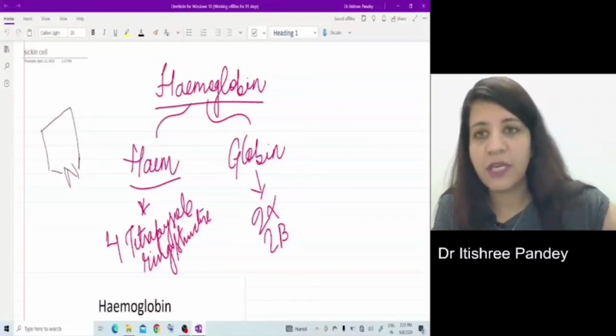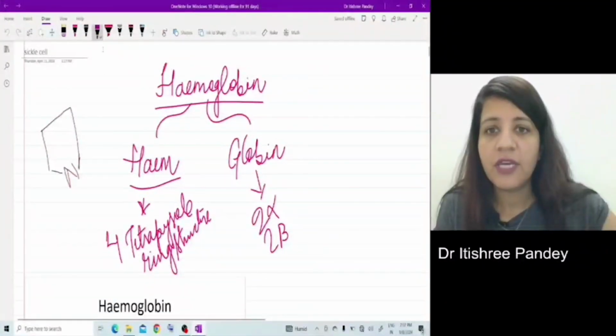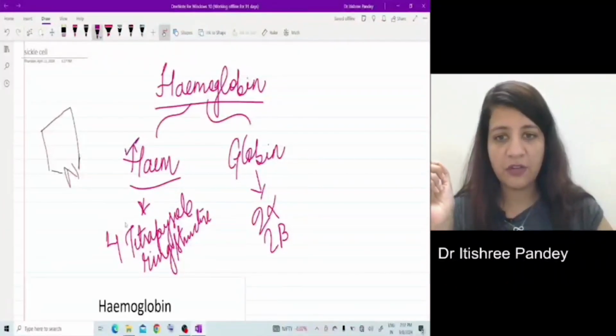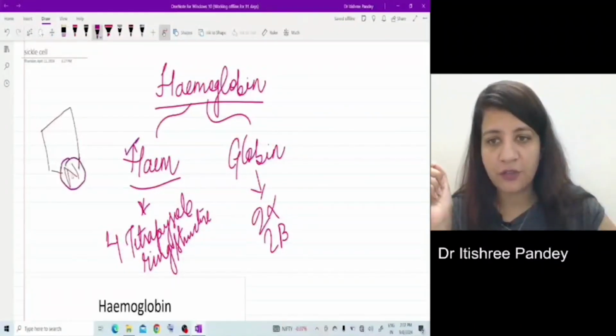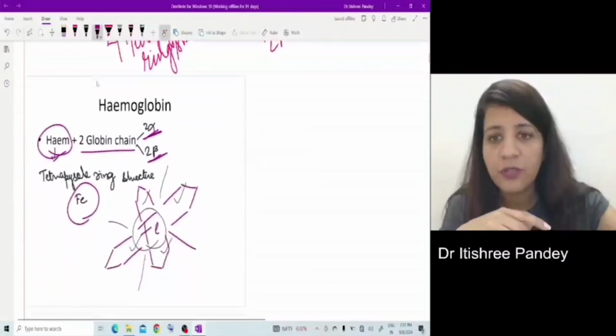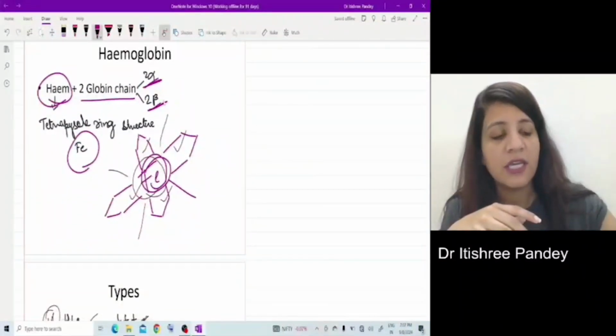So as we know, hemoglobin consists of heme and globin structure. Heme is basically a tetrapyrrole ring structure, a 5-membered ring structure with a nitrogen atom, and these 4 pyrrole rings with iron in the center are what heme comprises.